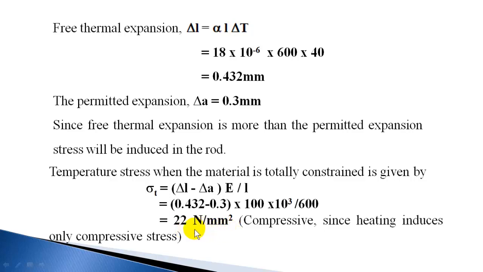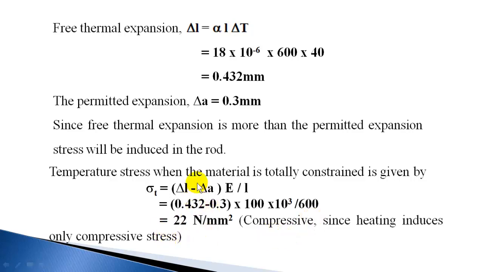So because of this partial expansion, the stress induced in the bar is reduced. It is only inducing 22 megapascal stress, and you know that it can induce only compressive stress because heating can induce only compressive stress. If it is cooling and if you are constraining, then it will induce a tensile stress.